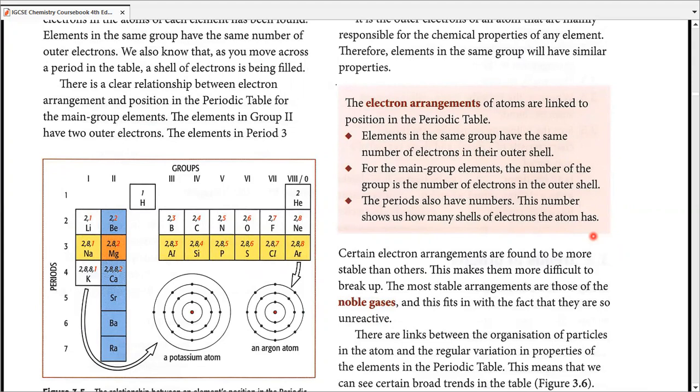Lastly, the period numbers were given in such a way that they tell you how many shells of electrons the atom has. So the total number of digits in the electronic configuration actually represented the number of shells, which in turn represented the period number. And the last digit on your right actually represented the group number, or the number of electrons in the outermost shell.